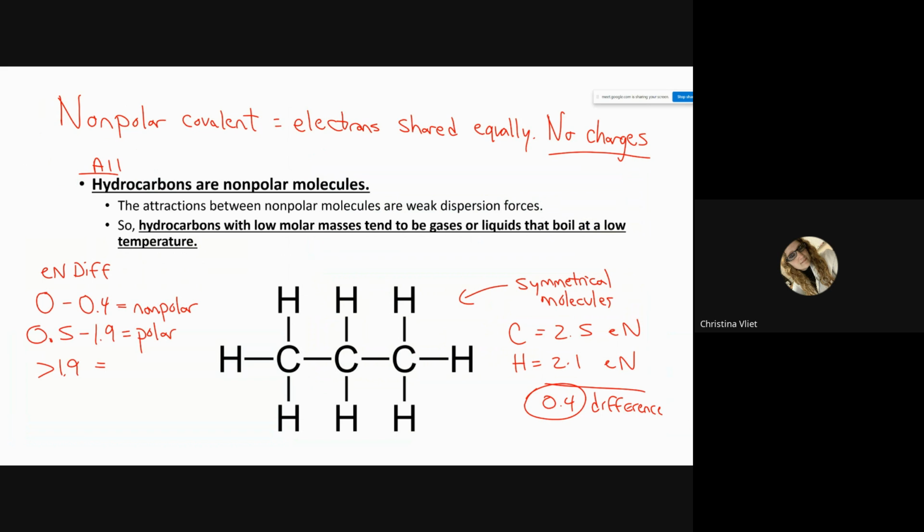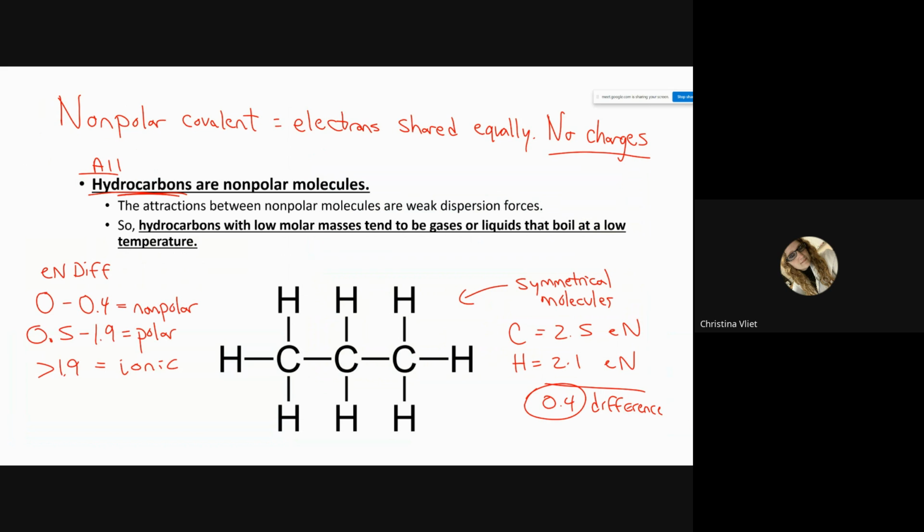Ionic. So either electrons are shared evenly, shared but not evenly, or not shared at all. If the difference is above 1.9, we call this ionic. I'm reminding you of all this because carbon is 2.5 and hydrogen is 2.1, the difference falls within nonpolar. So whether symmetrical or not, all pure hydrocarbons are classified as nonpolar.